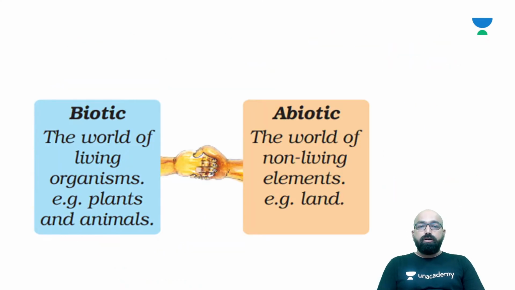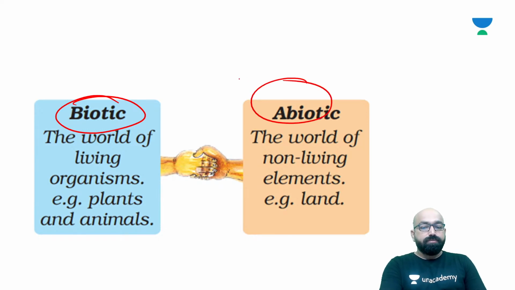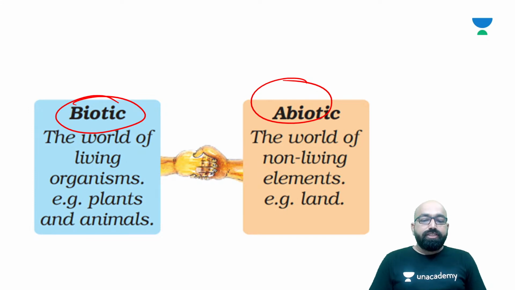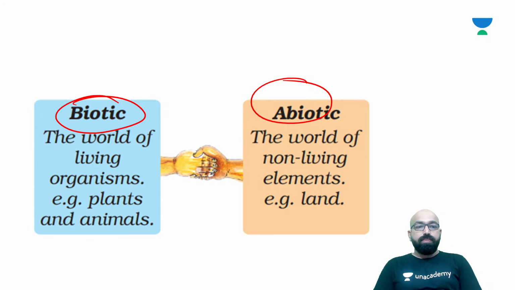When we are talking about biotic and abiotic conditions which exist on the earth, biotic means the world of living organisms like plants and animals, and abiotic means the world of non-living elements, for example land.